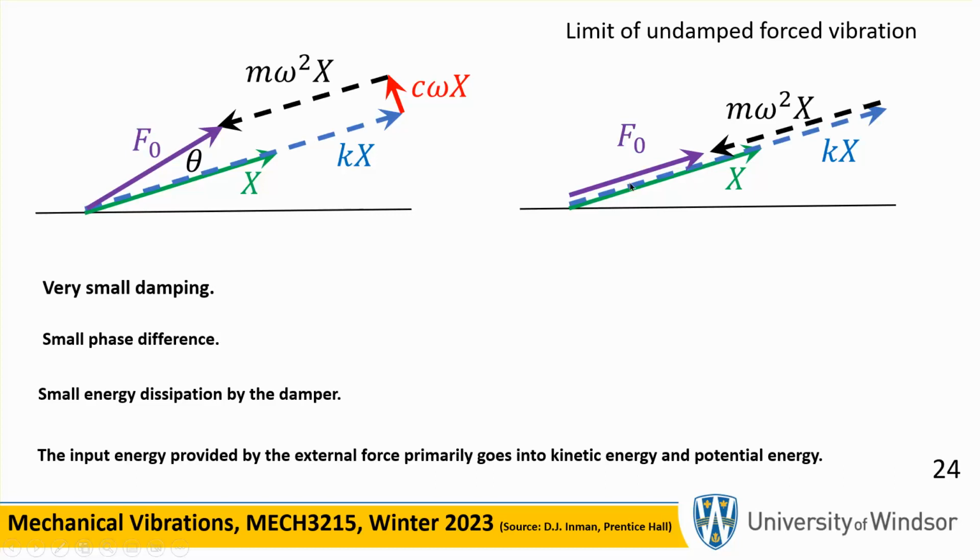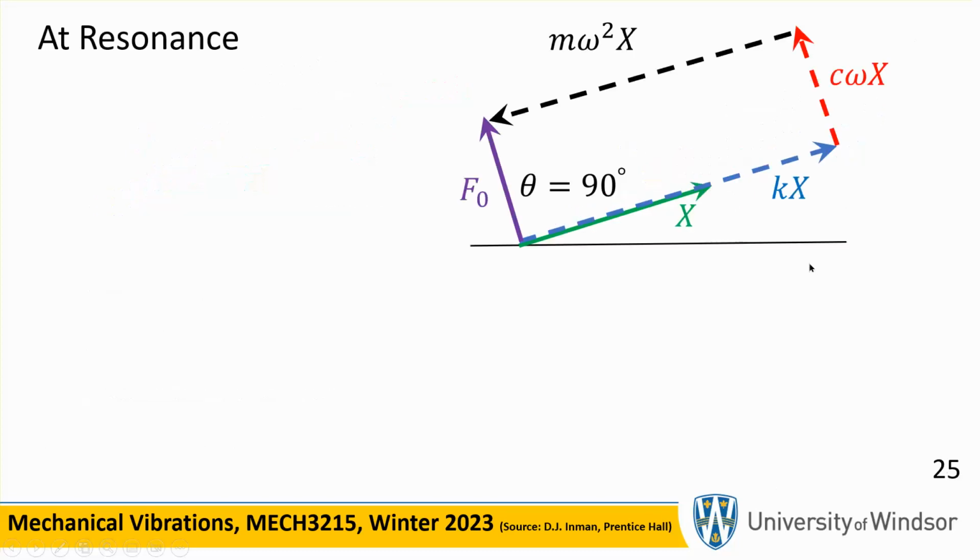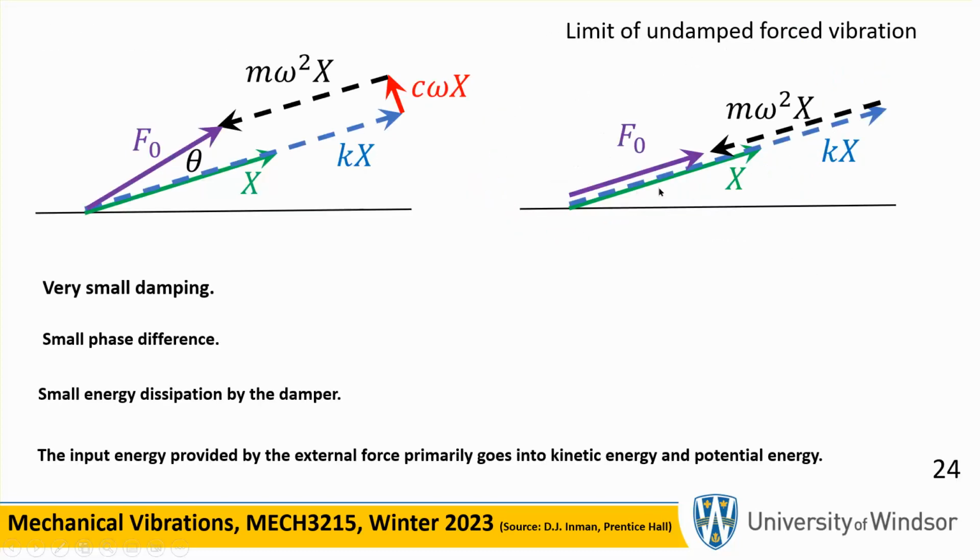And basically, the diagram looks like that, no red portion. So this corresponds to an undamped forced vibration. This whole thing turns about that point by omega t, right? By velocity omega, which means turning that angle. It's going to be omega t.